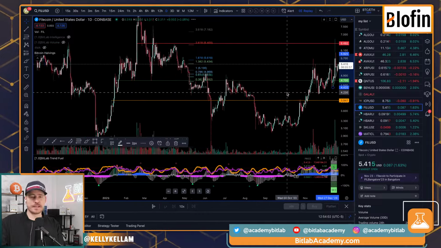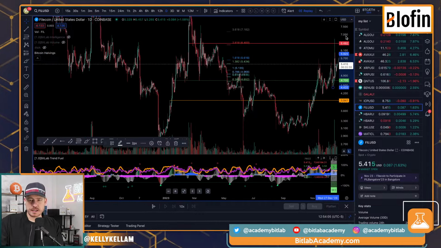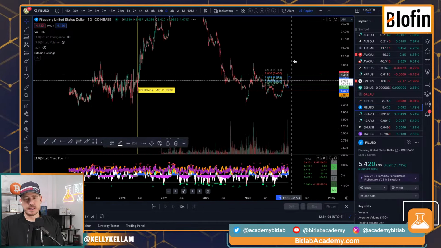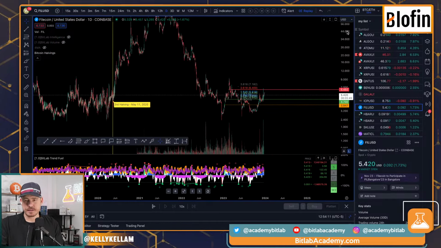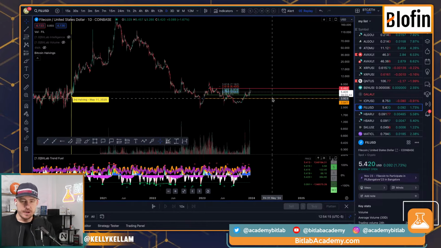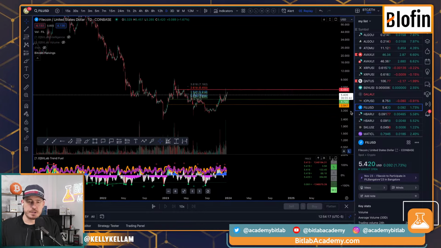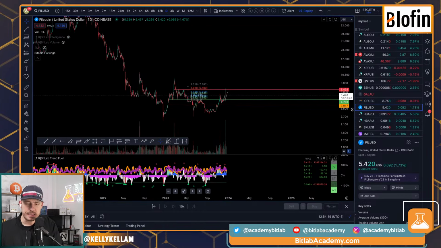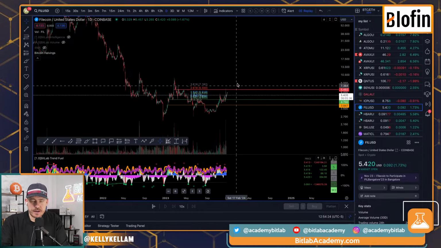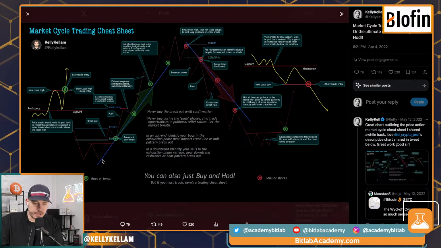I think altcoins are looking like, on the daily, look at this. On the daily, this is kind of rounded out. So even though on the smaller time frames it looked like it may have a little bit of a correction, this right here on Filecoin looks like it's somewhere in the midst of this right here on this market cycle cheat sheet.